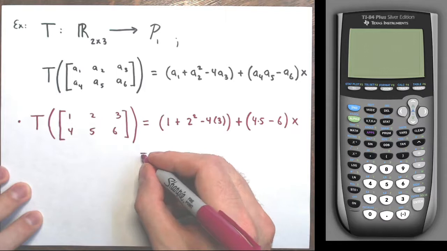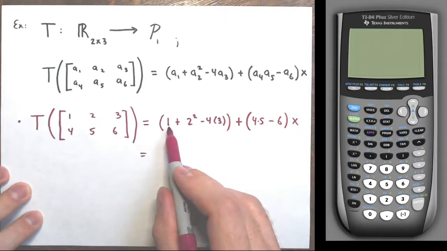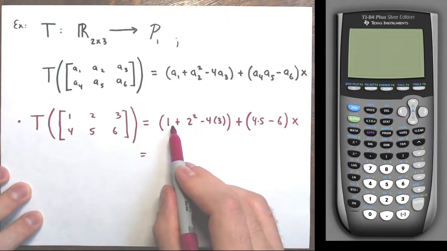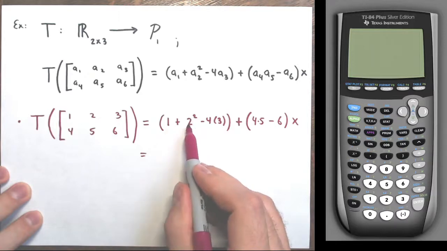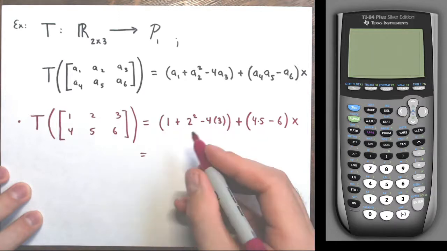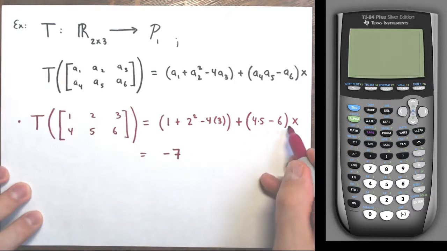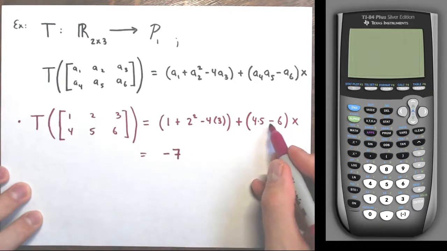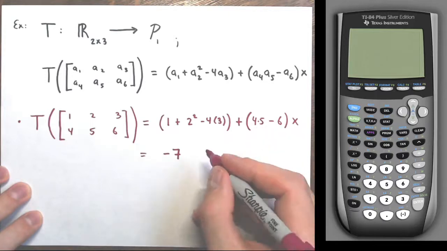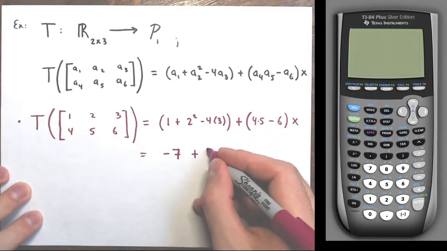And what are we getting here? This is 1 plus 4 is 5, that's the 2 squared, and then minus 12, that would be negative 7 for the constant term. And then the coefficient of x is 4 times 5 minus 6, 20 minus 6, which is 14. So plus 14x.